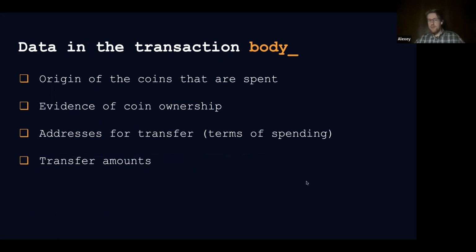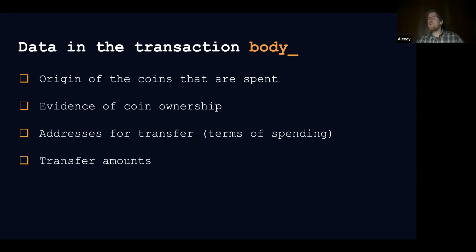The body of a transaction, in addition to what we have already mentioned, consists of the origin of the coins that are spent. So where are these coins coming from? Because as you remember, they cannot just appear from thin air. The evidence of coin ownership, which is provided by the sender of the transaction, the address for transfer or terms for spending.